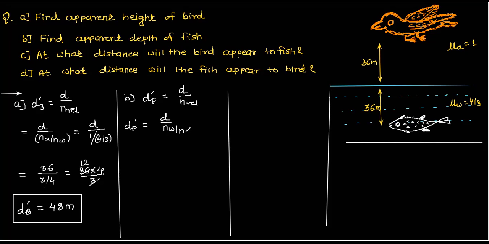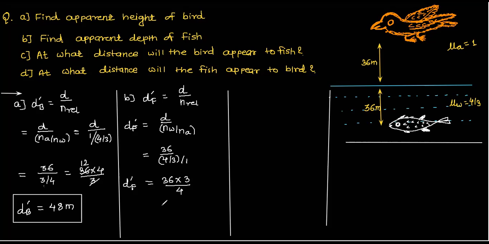NW divided by NA, because the fish is inside the water. So you get 36 divided by NW, which is 4 by 3, and NA is 1. So you will get 36 into 3 divided by 4. This is df dash.